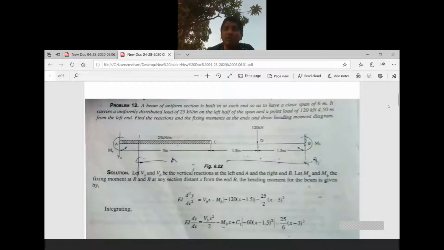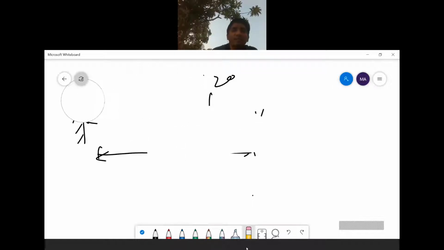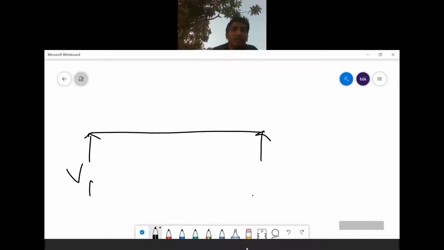Here I am considering a section X. When you draw the line diagram, here you have the reactions VA and VB.